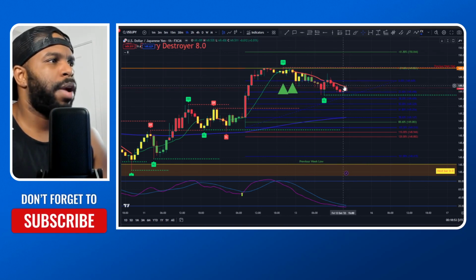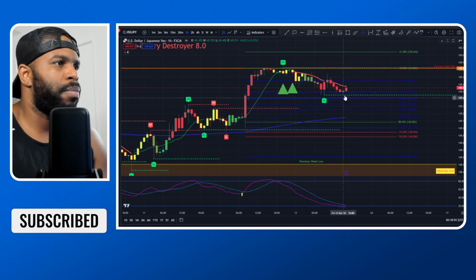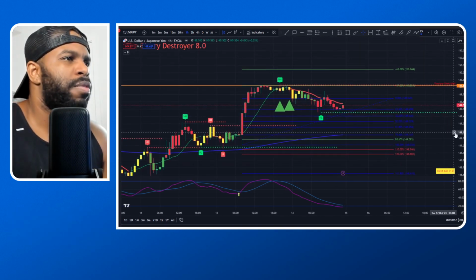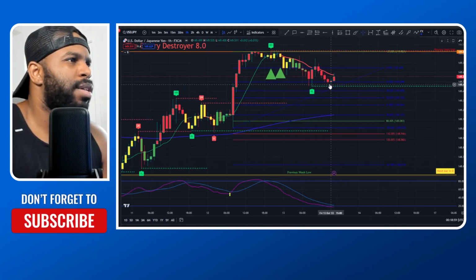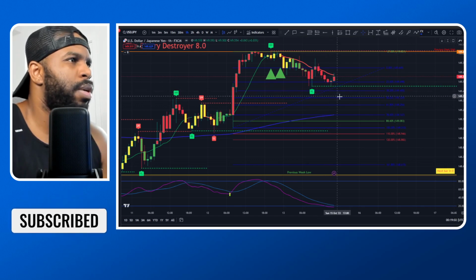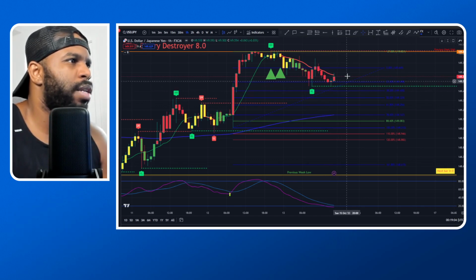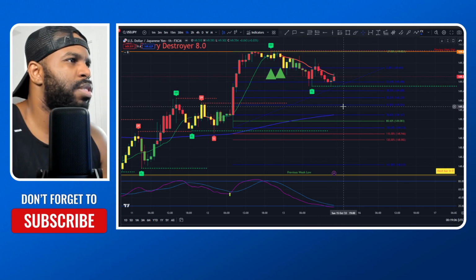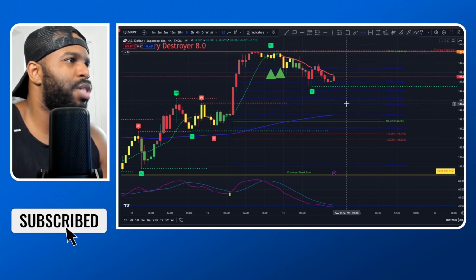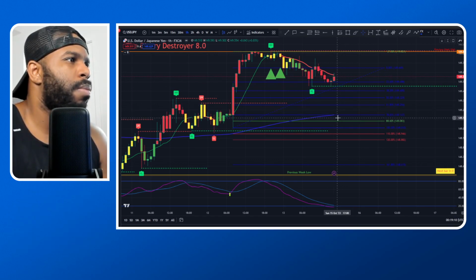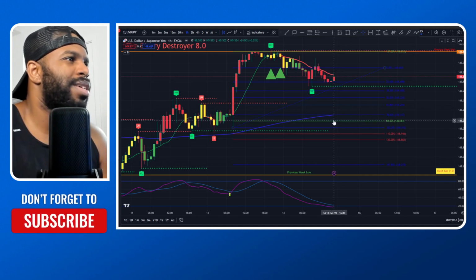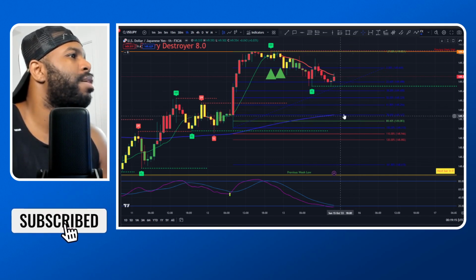It may happen, and price may continue to go back down, but when it comes to me using the Fibonacci retracement tool, I'm looking for price to come down either to the 38.2 and reject, or I'm waiting for price to come to the 61.8 and reject off this level, or come all the way down to the 88.6 to reject that level, and then I'll get in for a buy.